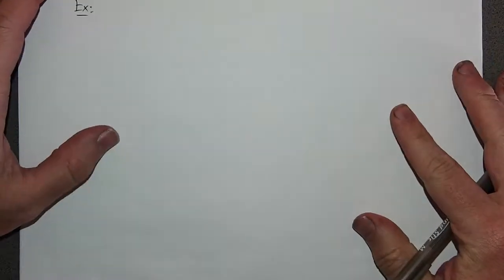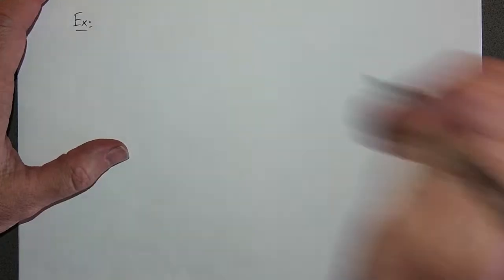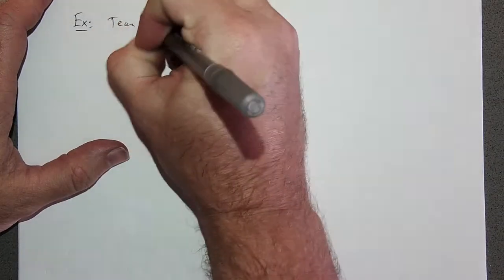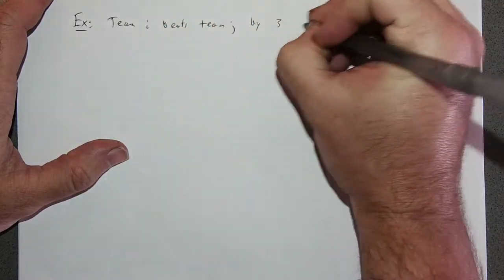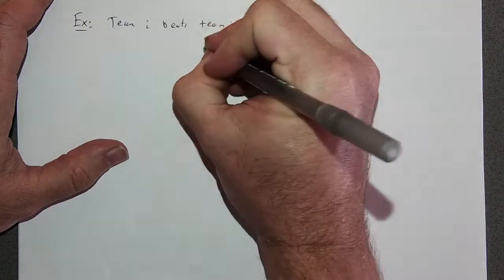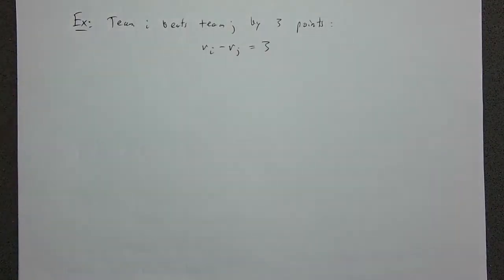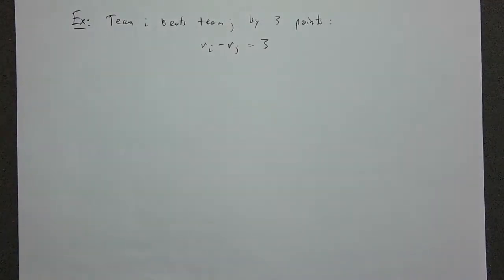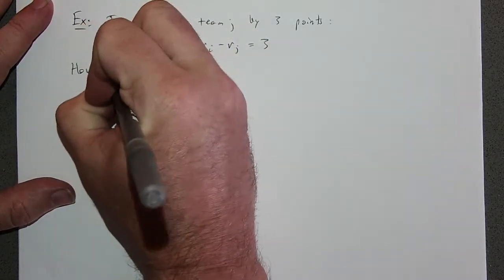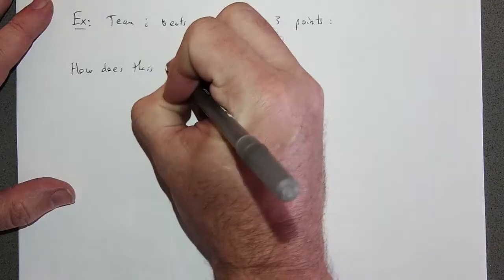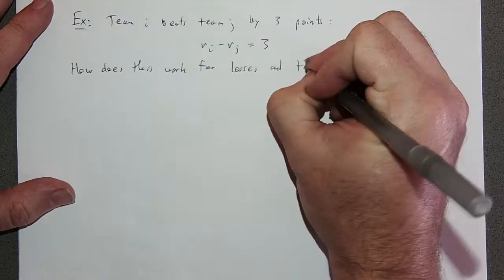All right, so real quick, for instance, if Team I beats Team J by 3 points, this would translate as the equation R sub I minus R sub J is equal to 3. Okay. Now, the quick question: how does this work for losses and ties?